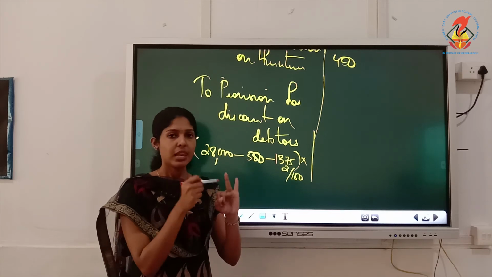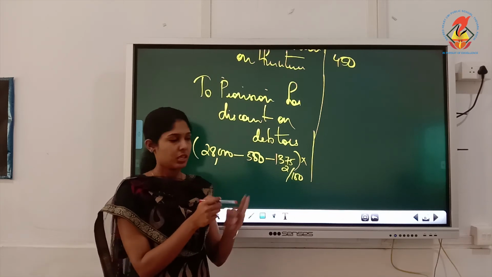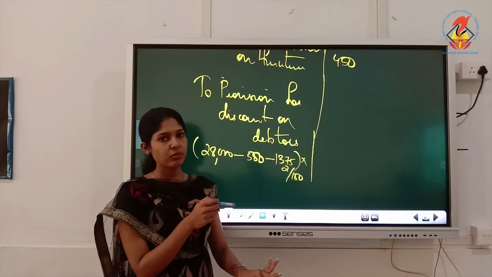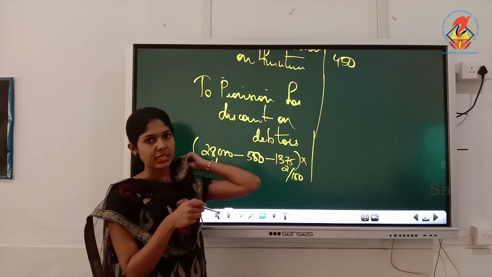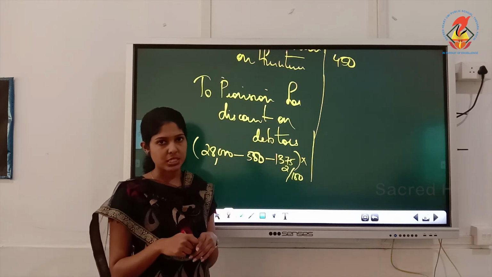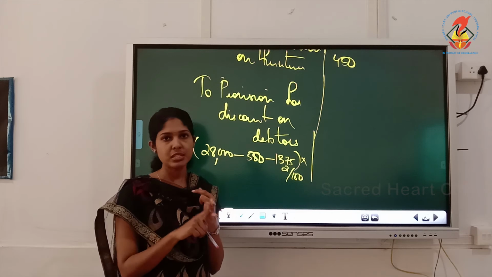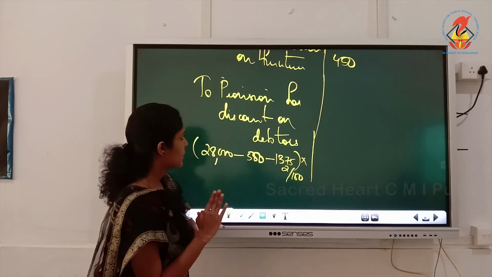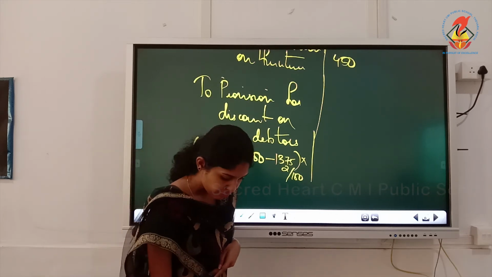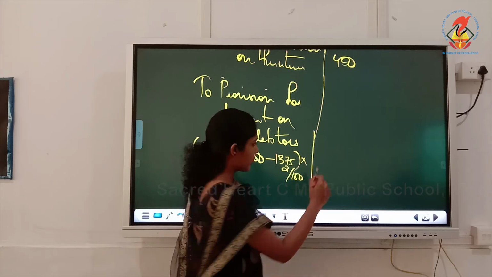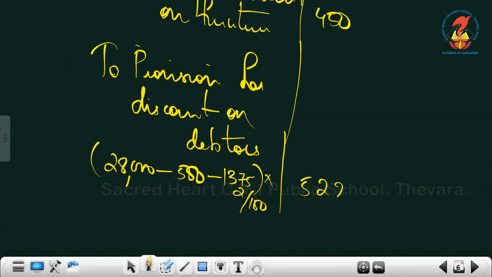From debtors less further bad debts. Here we have to deduct that new provision also, then you will get the provision for discount. Only further bad debts and new provision, not the old provision and all. So now provision for discount on debtors will be 522, that you can write as a separate item in your P&L.